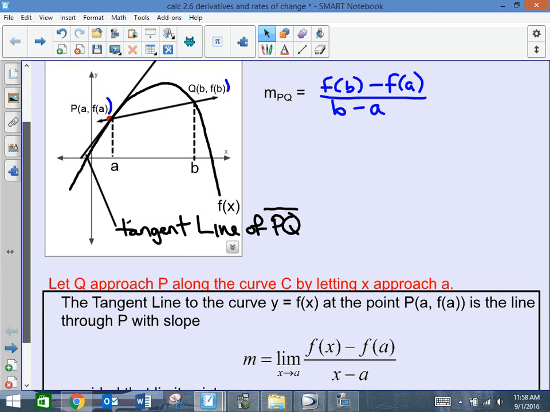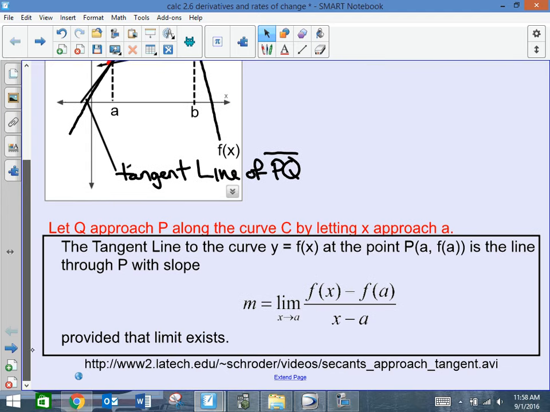Now, what you don't know is that a tangent line is very important in calculus. Like, really important, okay? So here's what I did. I let Q approach, get the language, P along the curve by letting X approach A. You see a limit in your future here. Yes, okay.